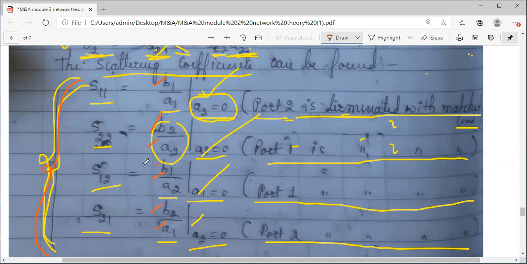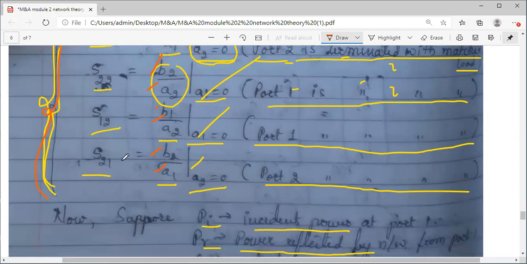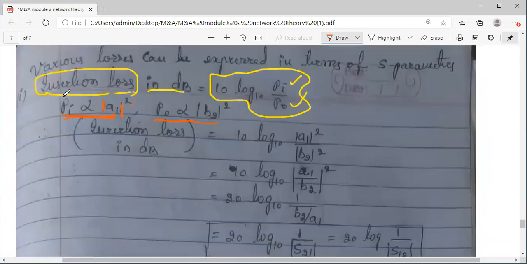If I can get some ratio of A's and B's, I can replace them with these S parameters, which is my motive, which is my objective. क्योंकि losses जो हैं powers में हैं, कि loss is defined 10 log, what is the equation we got? First one, insertion loss 10 log pi by po. ये जो power है, if I can replace this ratio by A's and B's, incident and reflected waves, and ये जो incident and reflected wave है, S parameters में I can represent.